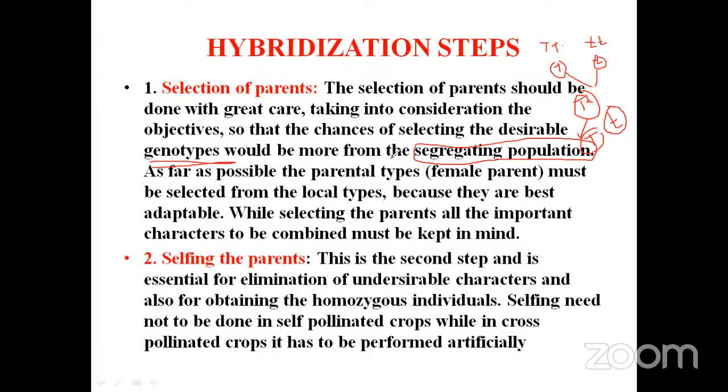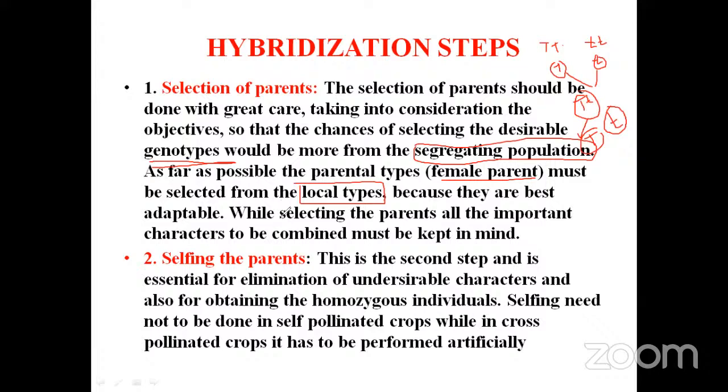So these genotypes come from the segregating population, and the female parent must be selected from the local types, because they are the best adapted. The female is easily adapted to the weather. That's why we select it from the local type.